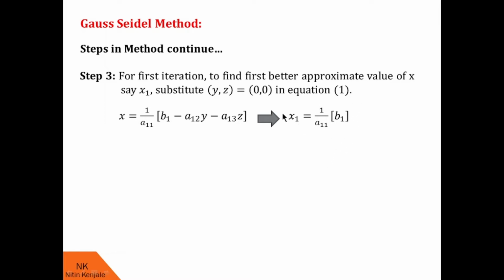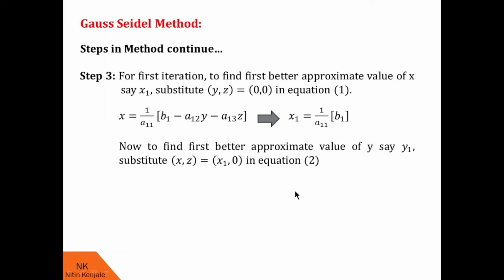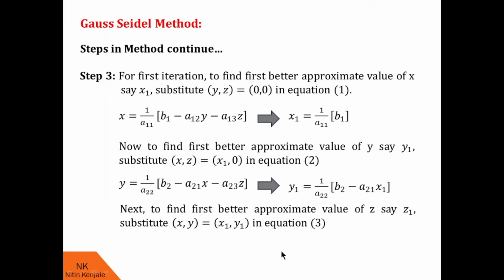This value and this value of z we will substitute in equation number 2, that is this, to get the updated value of y, say y1. So we get y1 as 1 by a22 into (b2 minus a21 x1). Here z is 0, so this third term becomes 0. Now for the first better approximate value of z, say z1, we substitute the updated values of x and y in equation number 3.